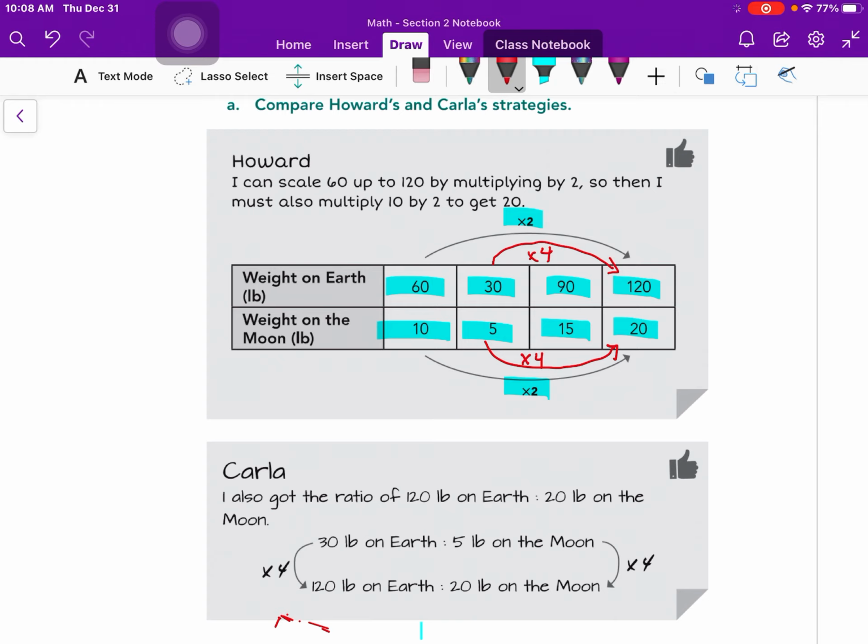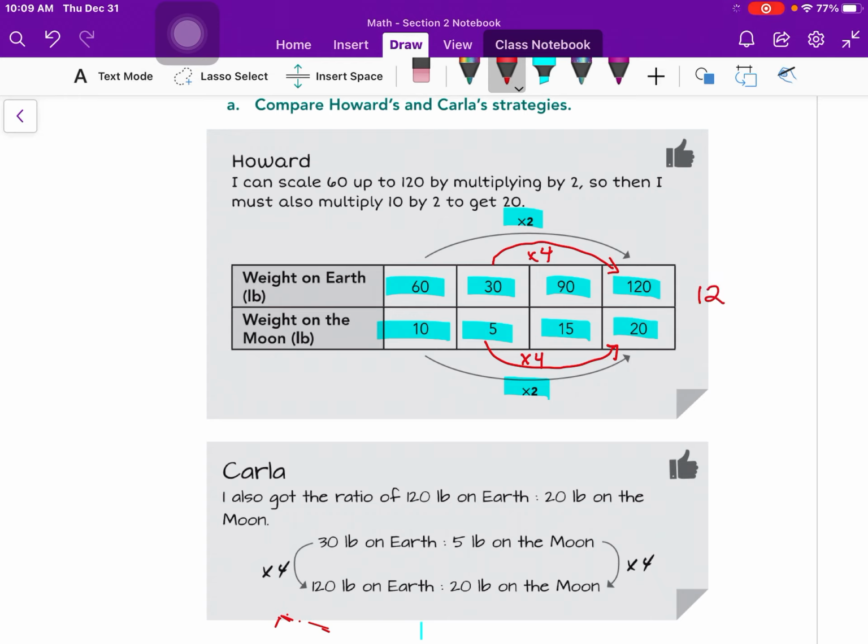Interesting. So when we compare them, we see Howard scaled up by multiplying by 2, Carla scaled up by multiplying by 4, using that multiplicative reasoning to come up with our answers. Good strategies. I think that makes sense.